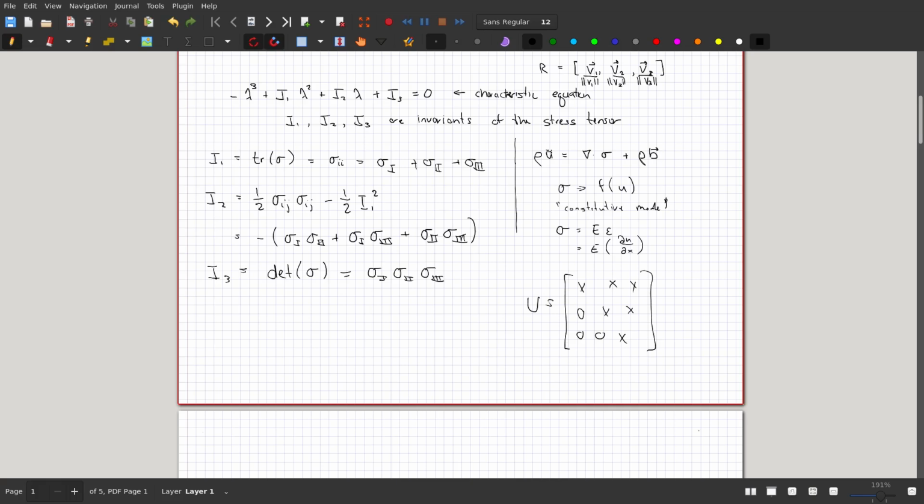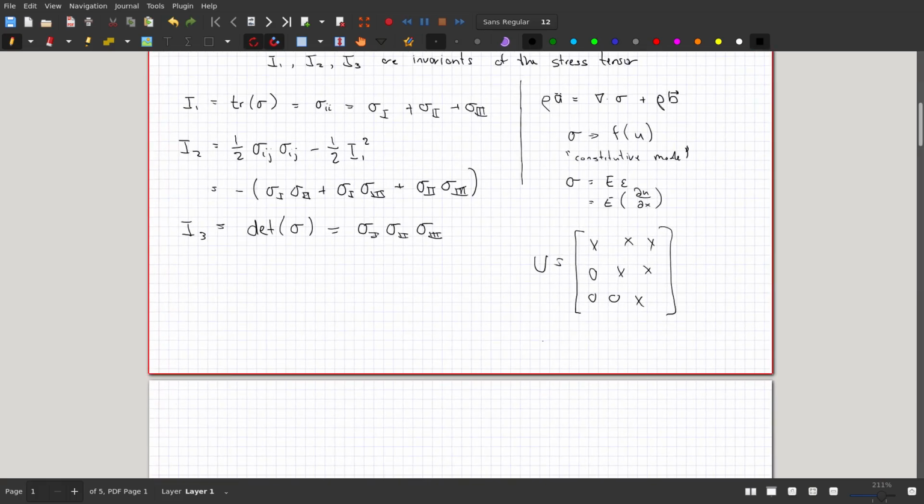In fact, in a computer, when you solve an eigenvalue problem, they often use an LU decomposition, right? So you can take any matrix. There's a set of operations that you can do to transform it into a lower triangular matrix times an upper triangular matrix.